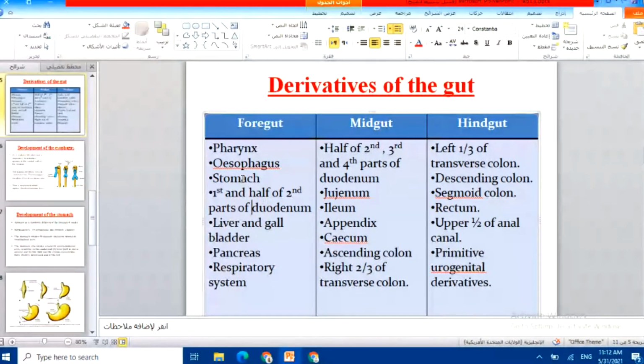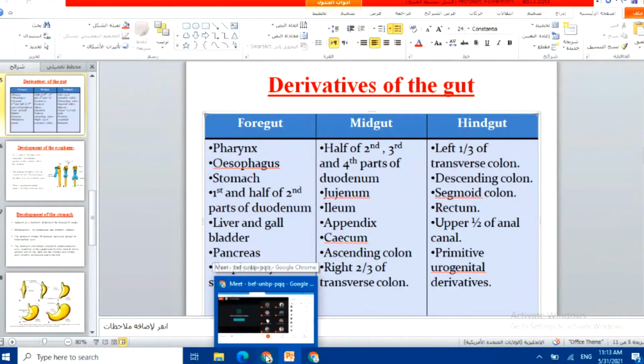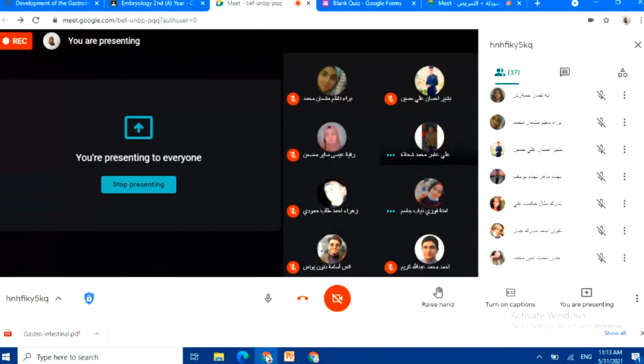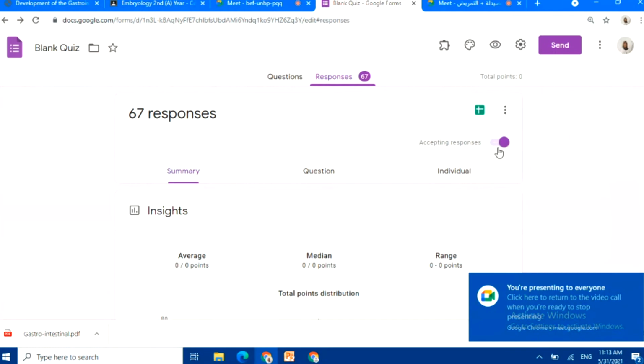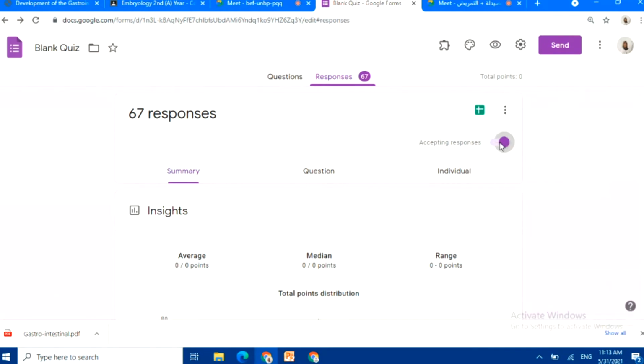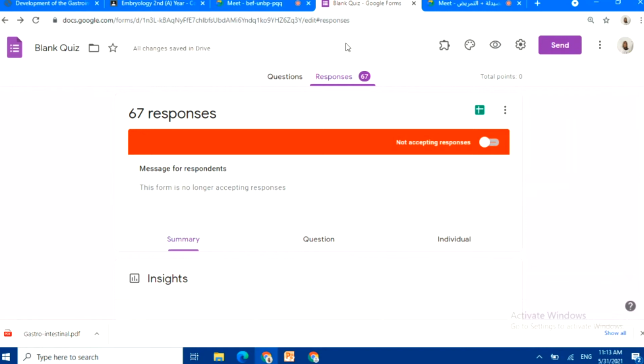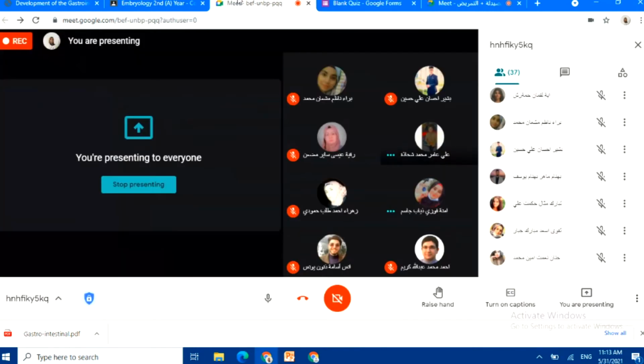Okay, لأنه احنا نقول gut tube. ليش ده يكون respiratory system? Who can tell me? ليش respiratory system is formed by foregut since the foregut is formed by gut tube. يعني هو متعلق بالdigestive system. ليش respiratory system مذكور هنا متكون by foregut.